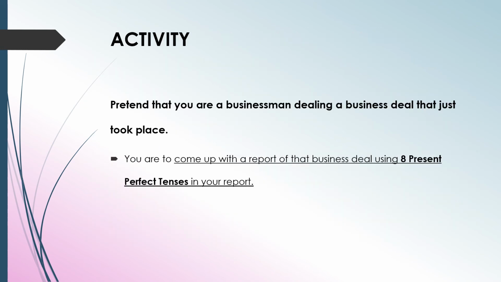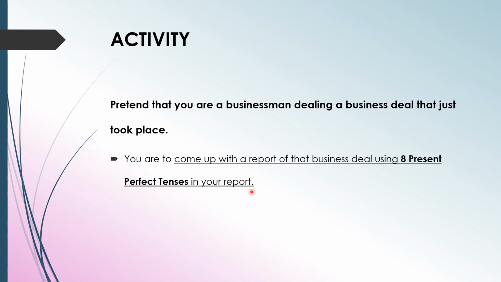Okay, here we come with the activity. Pretend that you are a businessman and a business deal just took place. You have come here, you just completed a business deal, and you are here to have this class. So now the activity is that you are to come up with a report of that business deal using 8 present perfect tenses in your report.